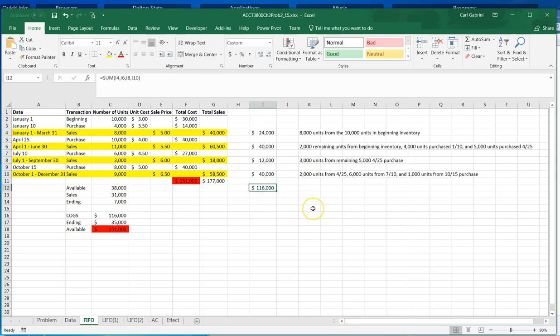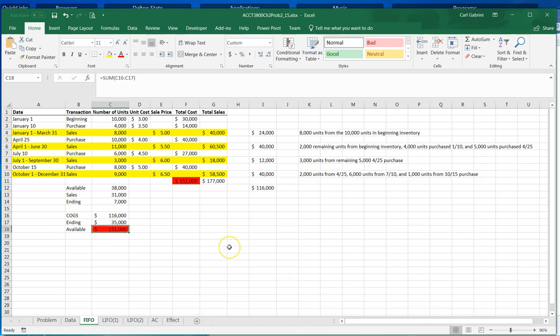Then when you add those numbers together, you have a total of $116,000. So that's your cost of goods sold. And so I have that number here. The ending inventory is the 7,000 units, okay? And those 7,000 units all come out of the October 15th purchase, and so they're at $5 per unit.